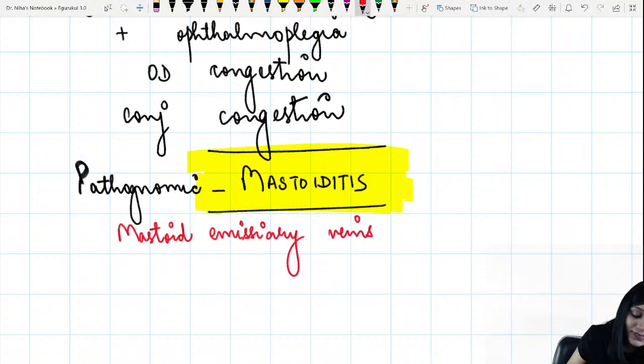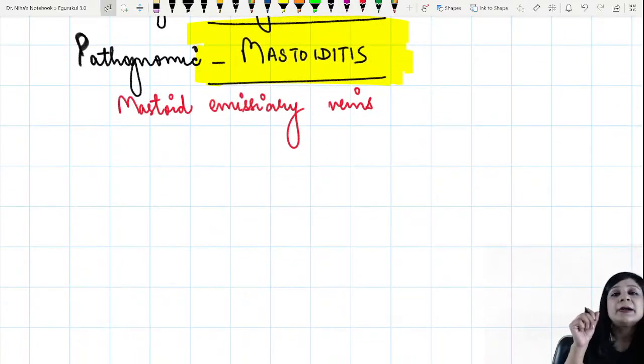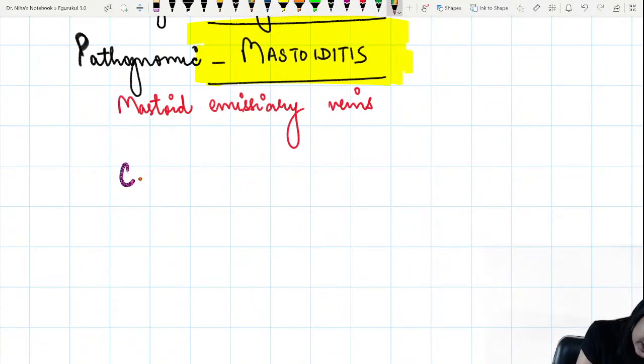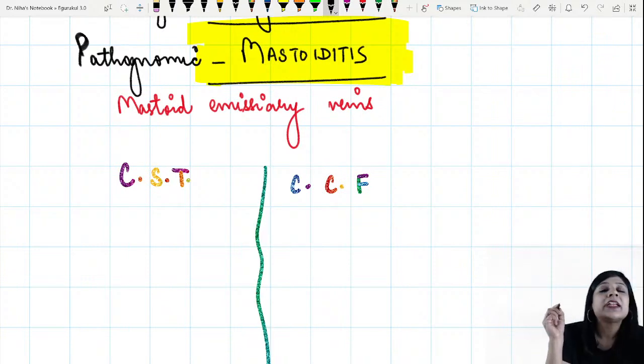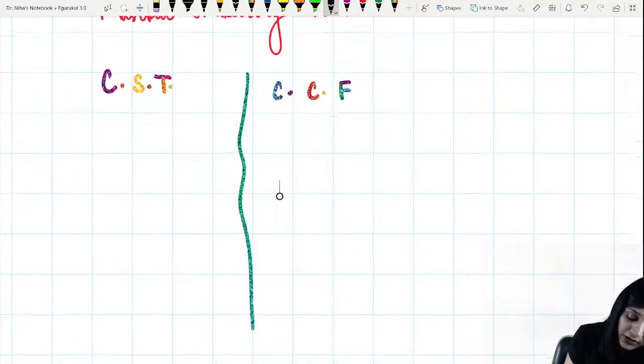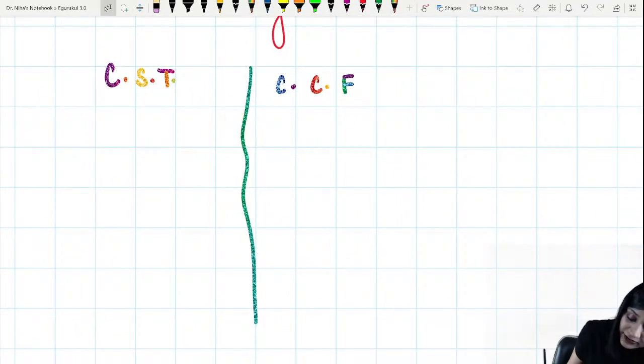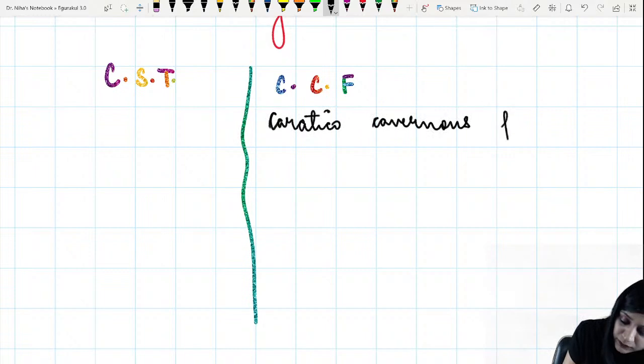ठीक है? Now, sometimes we are getting confused how to differentiate whether it is cavernous sinus thrombosis or it is carotico-cavernous fistula. ठीक है? Now, you already know the risk factors of cavernous sinus thrombosis. Now, this is a carotico-cavernous fistula.